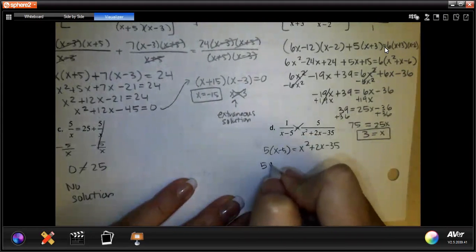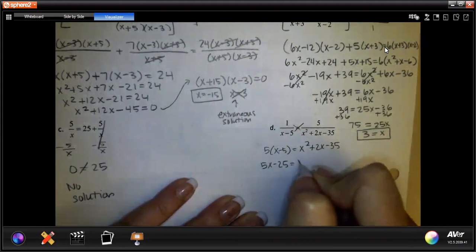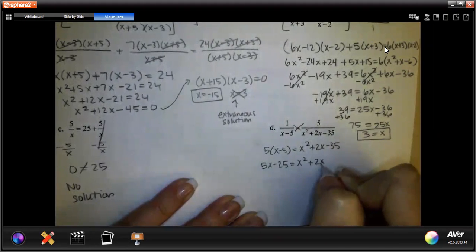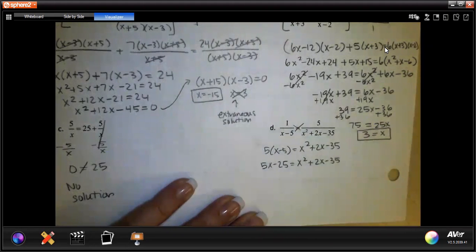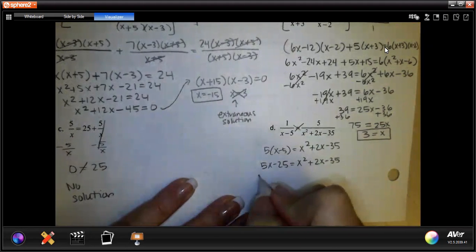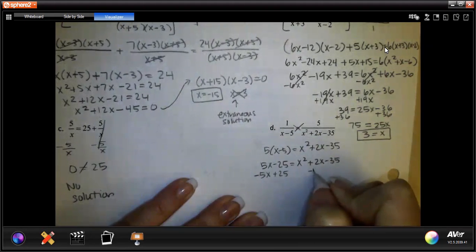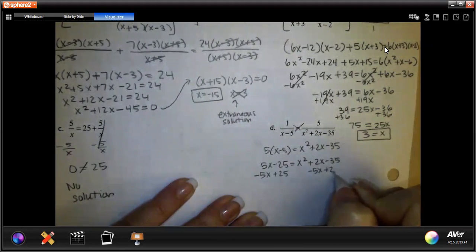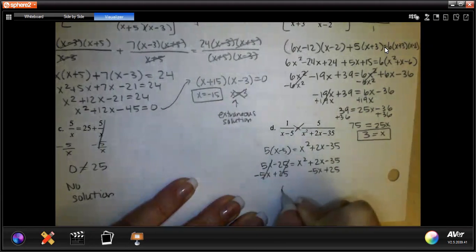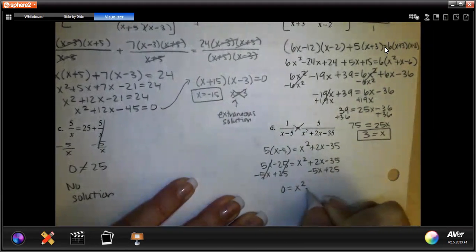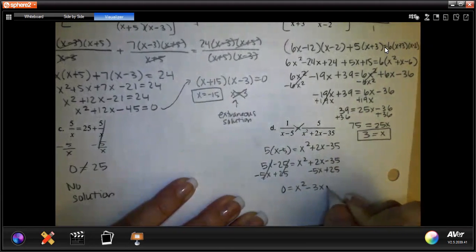That gives us 5x minus 25 is equal to x squared plus 2x minus 35. Since it's a quadratic, we want to get everything to one side of the equal sign, so I'm going to subtract the 5x and add the 25. We do the opposite to get them to the other side of the equal sign. And so we get x squared minus 3x minus 10.